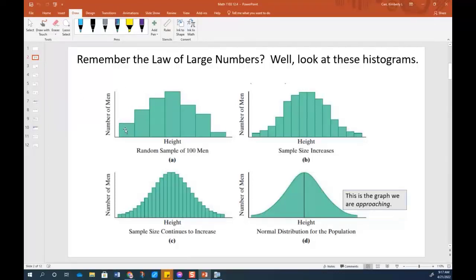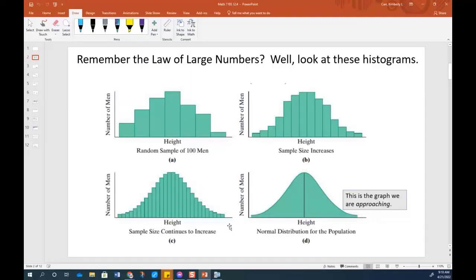And so what happens here is that if we sample 100 people, 100 men, this is what a histogram would look like. If you increase the sample size, then you're going to have more categories. And then again, we did another increase.